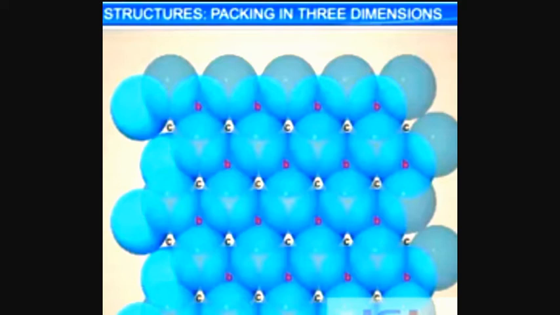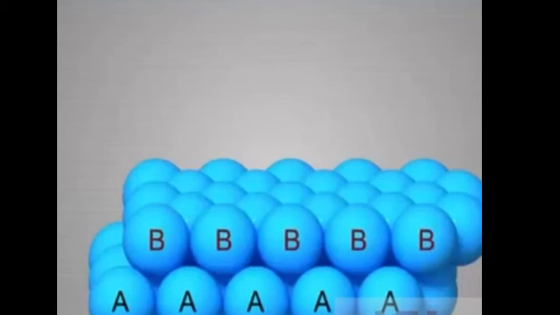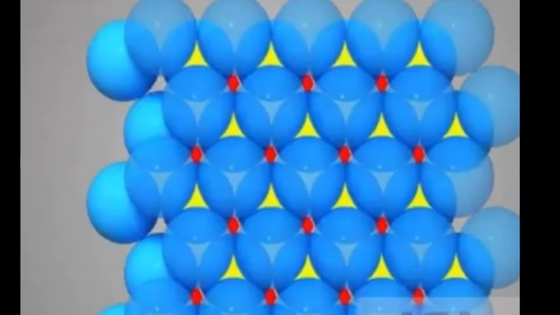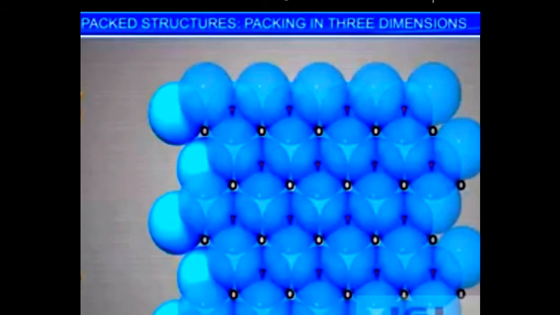That means C type of void remains unoccupied. Here arrangement of two layers is different. If first layer is A, then second layer is B. Therefore this type is ABAB type, and it gives rise to two types of voids, that are octahedral voids and tetrahedral voids, denoted respectively by O and T in that structure.